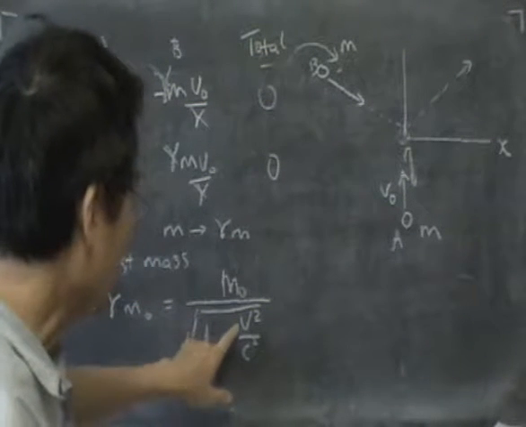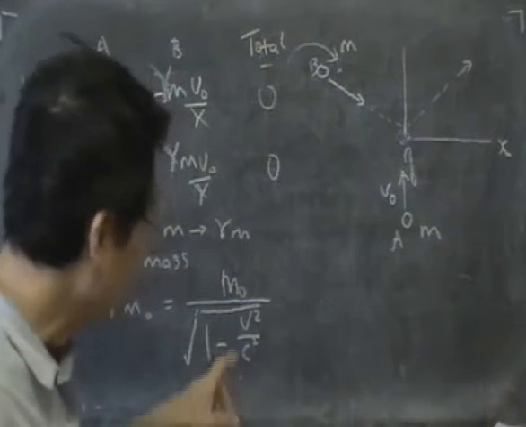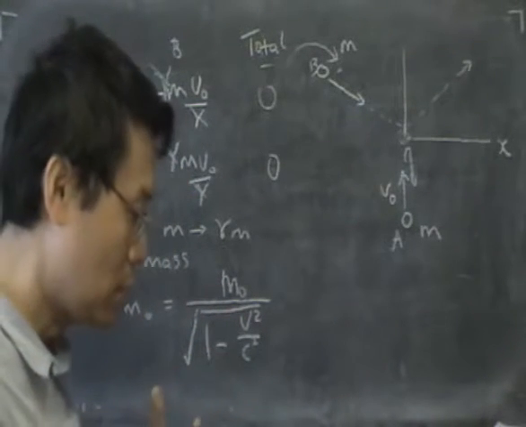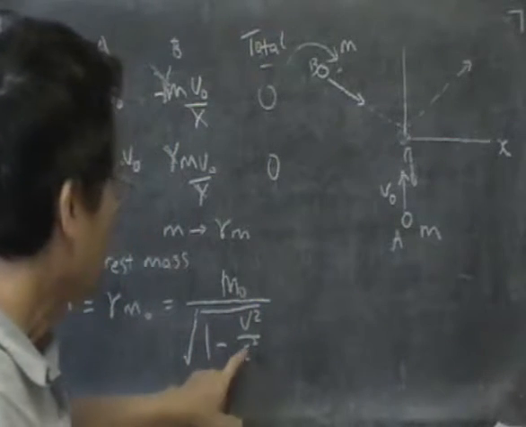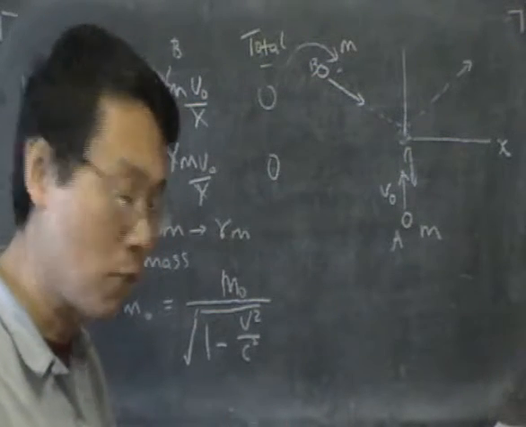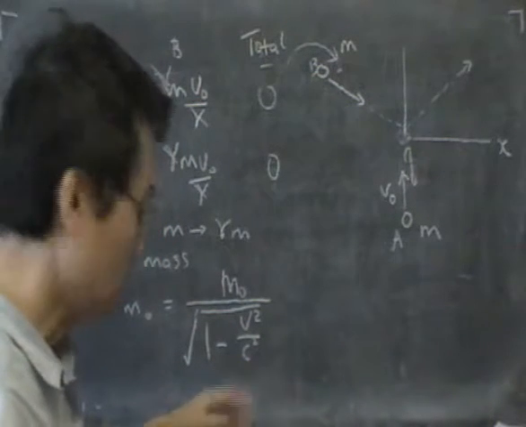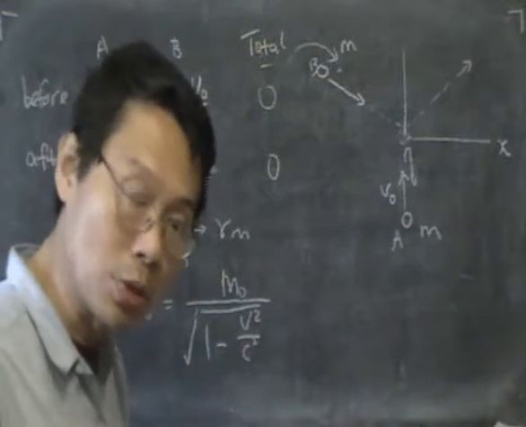Next, let's think about what happens if we start from a small value of v and we slowly increase that towards the speed of light. Now if you do that, then v over c will get closer and closer to 1 from a small value. So 1 minus 1 will become closer and closer to 0.